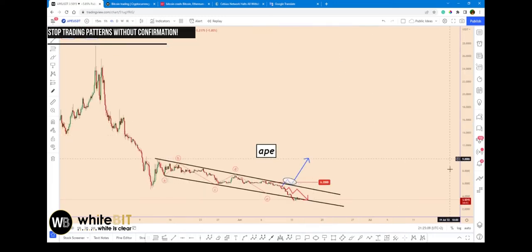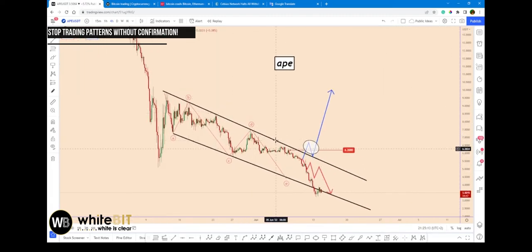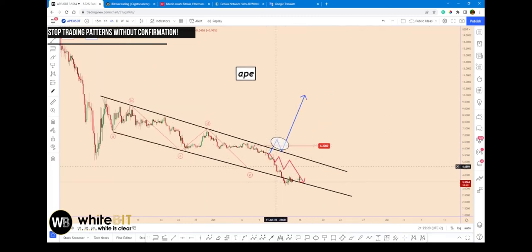This one is Ape. As you can see, I was waiting on this scenario during the previous time for the price to move higher. This is an old scenario. As we can see, price didn't manage to move above the channel, because after that we could have seen this type of bullish movement.